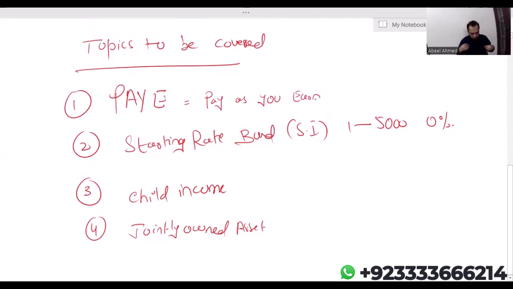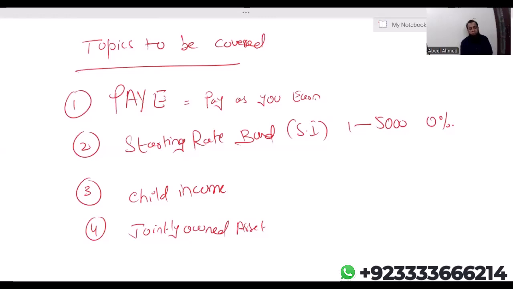Basically what happens when someone is an employee working for an organization, normally when an employee gets salary, that individual pays tax in advance. That is pay as you earn. Basically, the UK taxation authority, which is HMRC, collects the tax in advance.